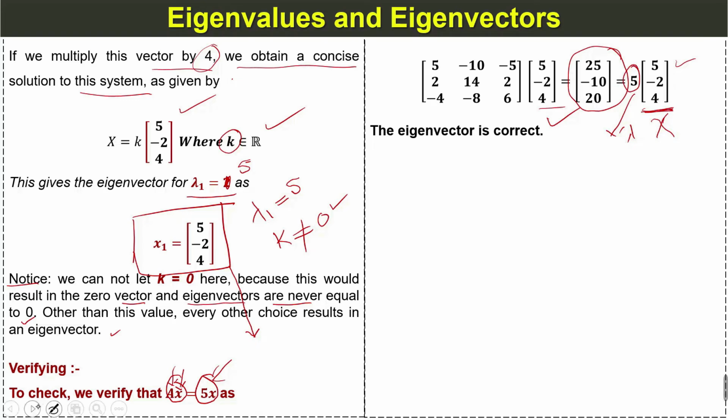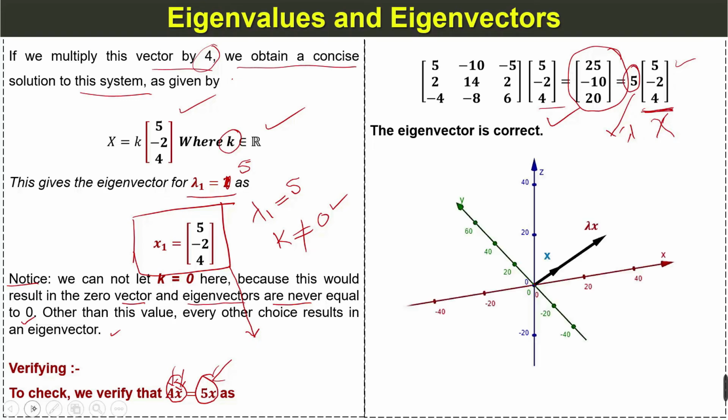Okay, so we have the graphical representation of this. This is the x coordinate, this is the y coordinate, and this is the z coordinate. This is our vector x, that is 5, minus 2 and 4.